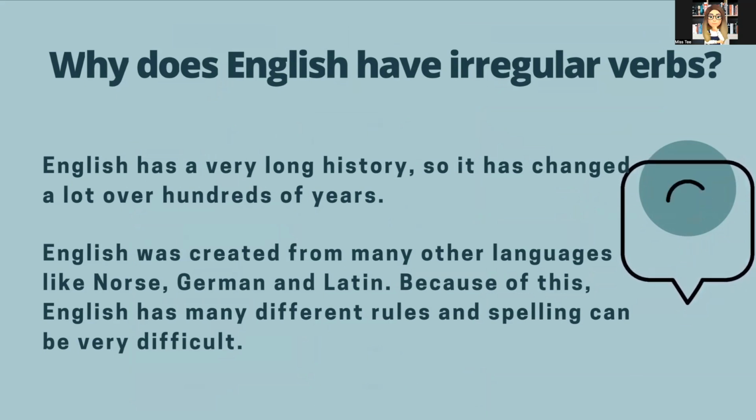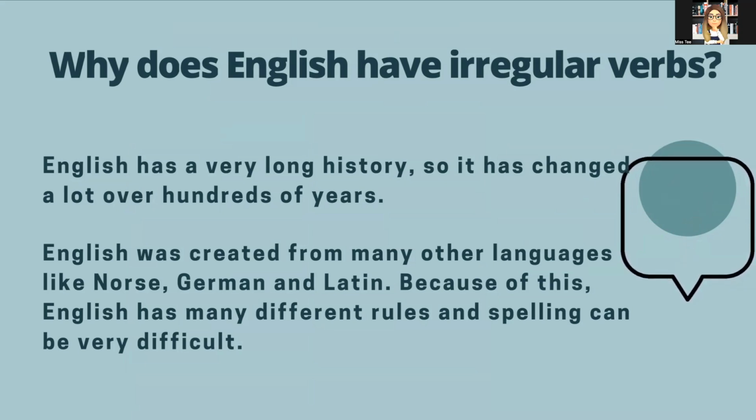And that is because of English's very long history. Because English has such a long history, it has changed a lot over hundreds of years. So English was created from many other languages. It was created from words from a Norse language, from German, from Latin. And because of this, English has many different rules and spelling can be very difficult.